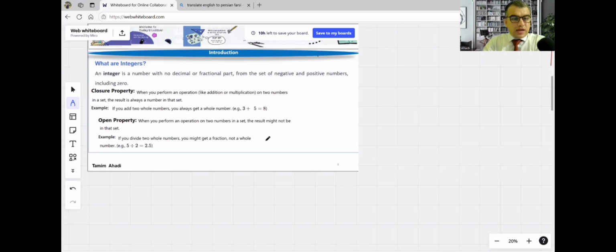An integer is a number with no decimal or rational parts from the set of negative and positive numbers, including zero. So, what is an integer?